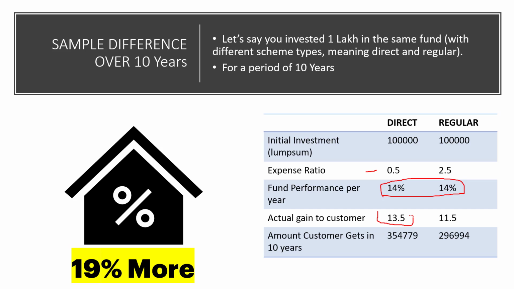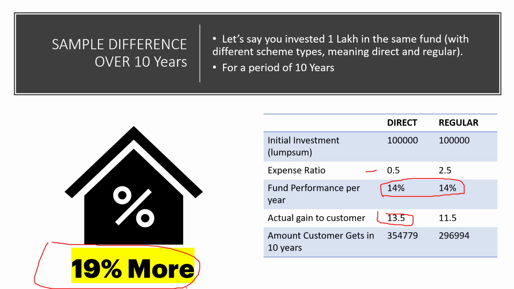It will be 13.5% for a direct, which is 14 minus 0.5, whereas for a regular it will be 11.5%, because they have to pay 2.5% as expense ratio, so 2% more. So the customer makes 3.5 lakhs in case of direct fund, and around 2.96 in case of regular fund. Which means the customer earns 19% more if he goes for a direct fund. That's the bottom line.